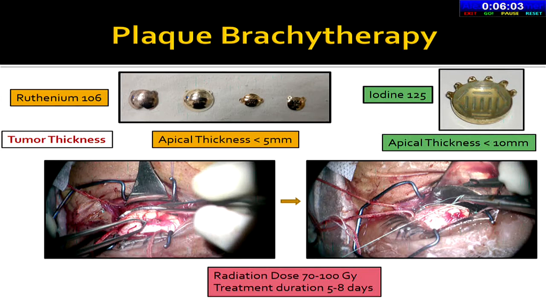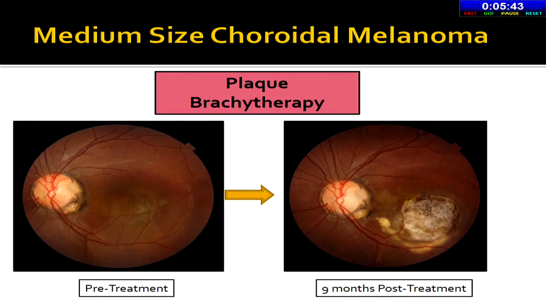You can use either ruthenium 106 or iodine 125. For ruthenium 106, the apical thickness is less than 5 millimeters, and for iodine it should be less than 10 millimeters. You identify the location and place a plaque with a radiation dose of around 70 to 100 gray, and the treatment duration will be around 5 to 8 days. So this is the result of one case 9 months after plaque brachytherapy.